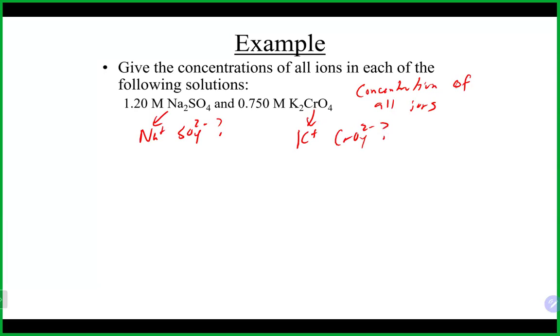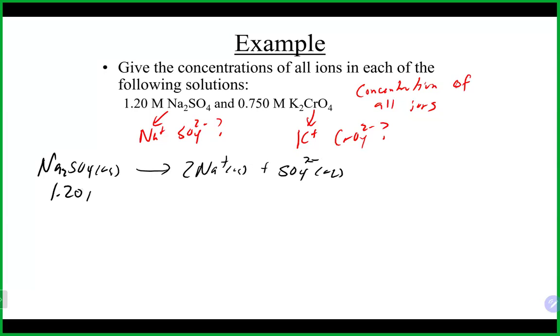What we were talking about earlier, we have sodium sulfate here. So really the first thing you want to think about is how it's going to break apart. In solution, it will break apart into a couple of sodium ions and a sulfate ion. If we were interested in just the ion concentrations, this guy's starting at 1.2 molar.